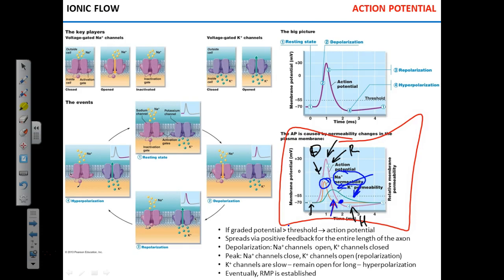That is why right here, due to that elevated potassium permeability, potassium ion keeps leaving the cell, leading to this overshoot, leading to hyperpolarization. And eventually, when the potassium channels and sodium channels are all closed, sodium-potassium pump re-establishes the membrane potential to the normal resting levels. Does that make sense? Go ahead.